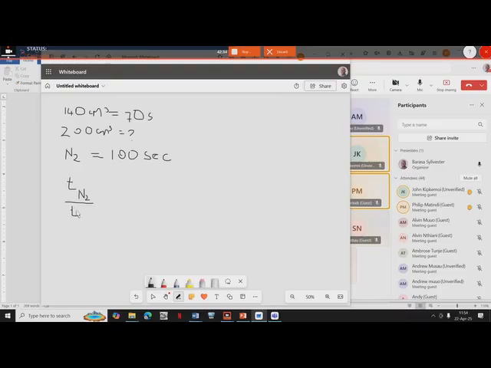So that's the formula. T1, where 1 here is now N2, nitrogen gas, divided by T2. T2 in this case is CO2, carbon dioxide gas. Time taken by carbon dioxide, equal volumes, they must be equal volumes, is equal to the square root of the mass of nitrogen gas.